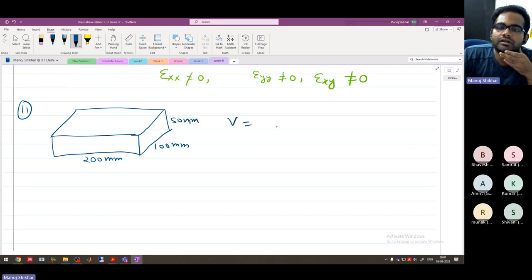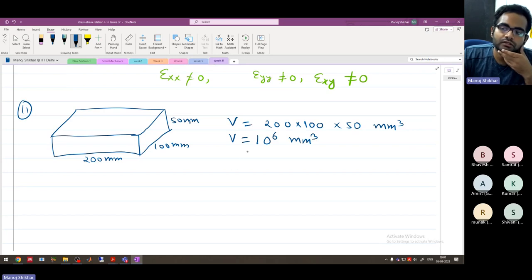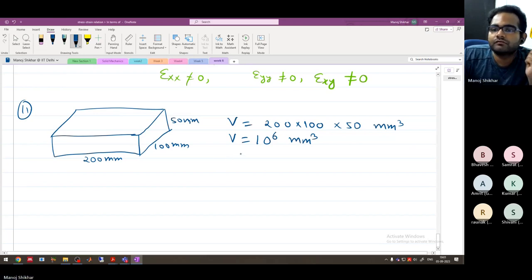So the volume of the block is 200 into 100 into 50 mm cube. So they've given you the volume. They've also given you a pressure of 15 MPa.